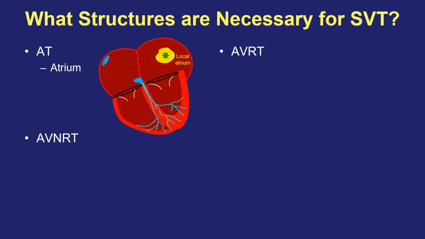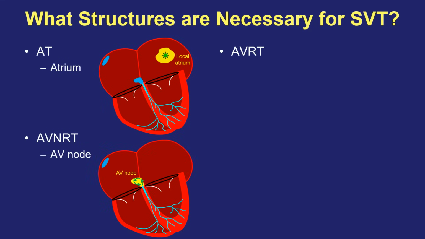With AVNRT, you need the AV node, of course. There's a whole family of AVNRT circuits, some of which involve actually atrial tissue nearby, but some don't. And so, for example, in the latter, if you cut out the AV node and put it in a dish, it could continue that circuit if the entirety of the circuit is encompassed in that tissue. So if you were missing the atria, or missing the His-Purkinje system, or missing the ventricles, then the tachycardia could continue.